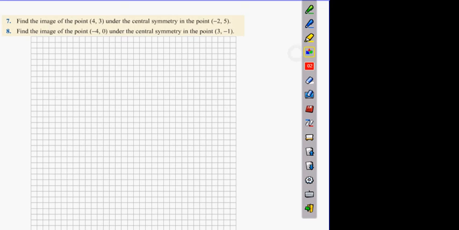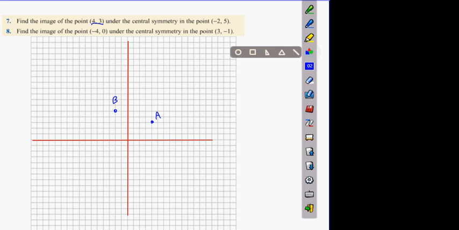Okay, lads. Now, what we have is 2 lines, and these 2 lines are your axis. And then what we have is: find the image of the point 4, 3, 4 across, 3 up, under symmetry in the point -2, 5. Now, it's going from A to B and out the other side.